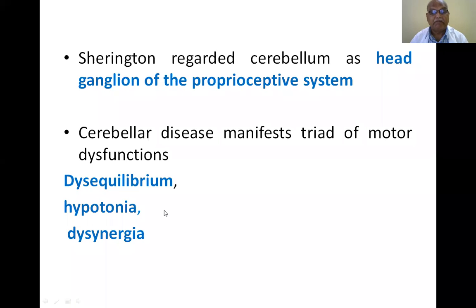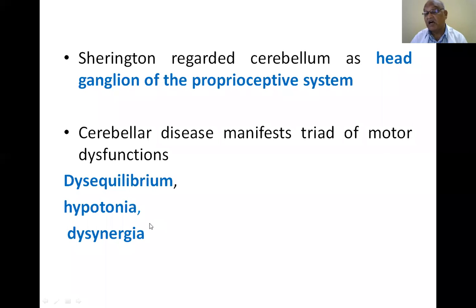Hypotonia, your muscles become flaccid. Dysergia is another symptom, where you lose motor activities. So cerebellar disease manifests a triad of motor dysfunctions: disequilibrium, first one, hypotonia, second one, and dysergia, third one.